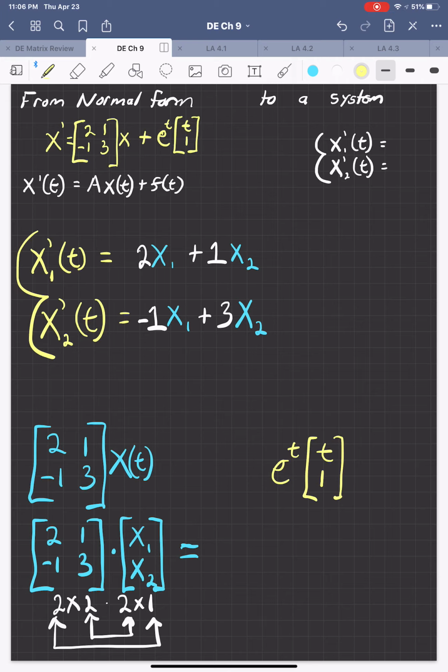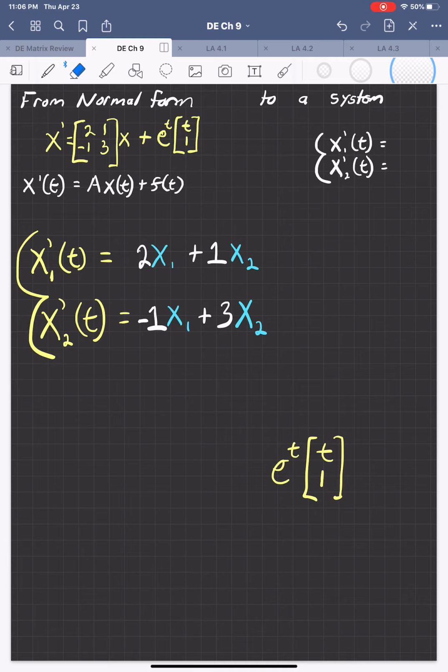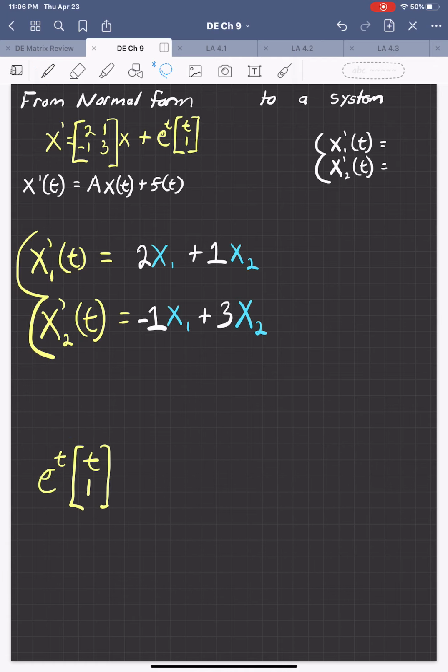So let's go ahead and multiply that out. Let me give myself a little bit of space. If you don't mind, I'm actually going to erase this part right here. So what we're going to do is just multiply this guy out.